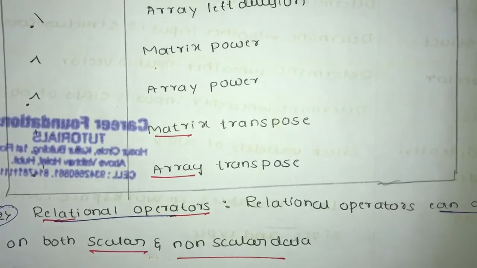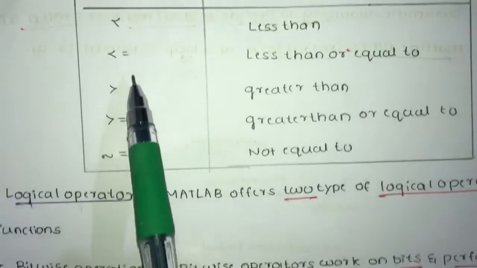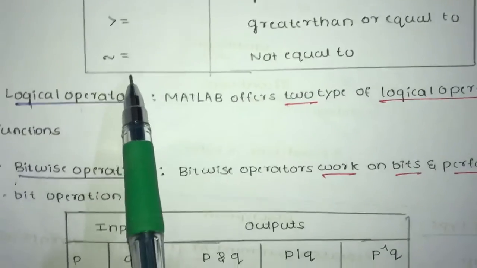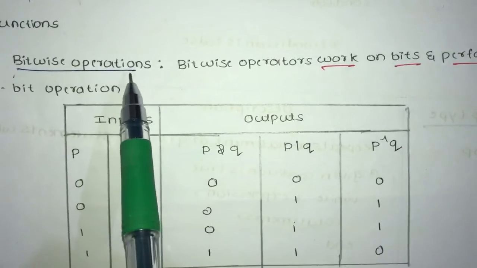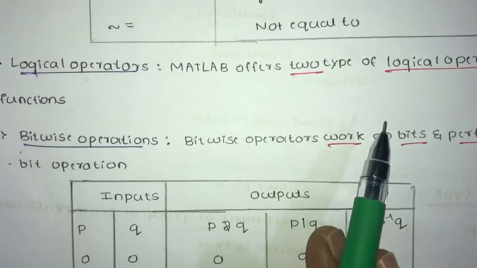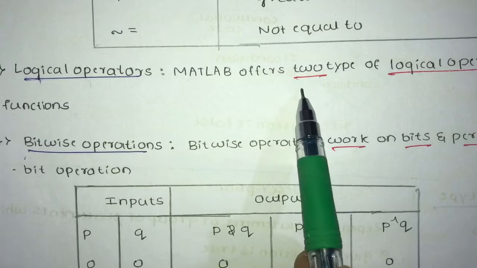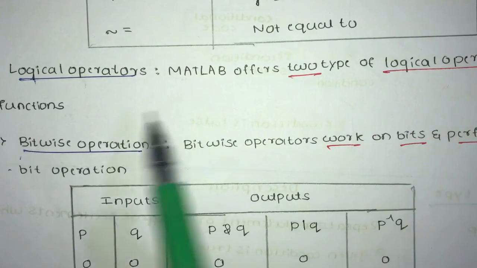Next we have relational operators. The relational operators can also work on both scalar as well as non-scalar data. This is a list of relational operators: less than or equal to, greater than or equal to, not equal to. Next we have logical operations. MATLAB offers two types of logical operators and functions.